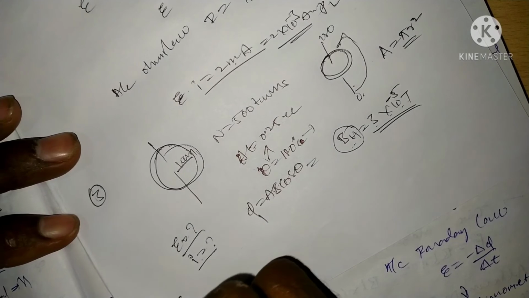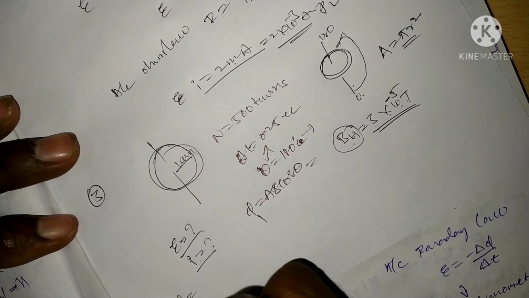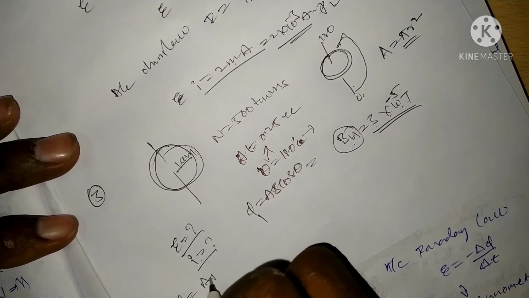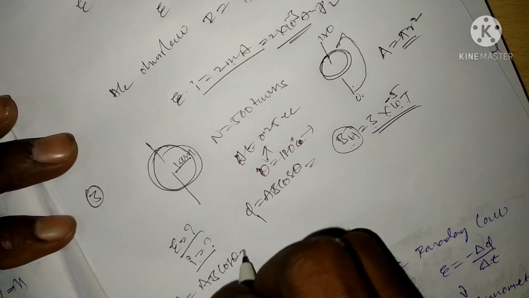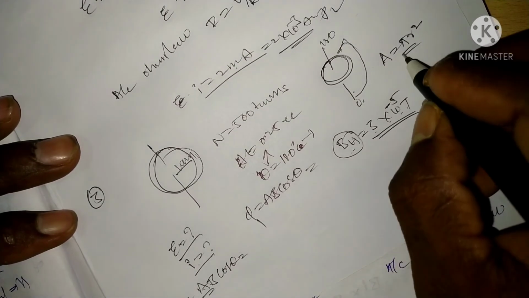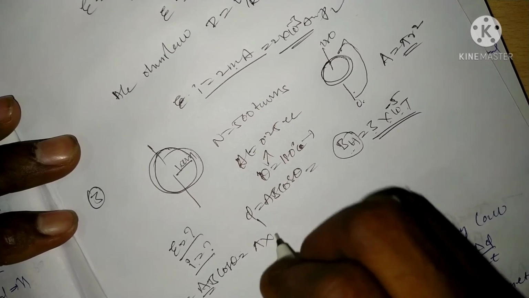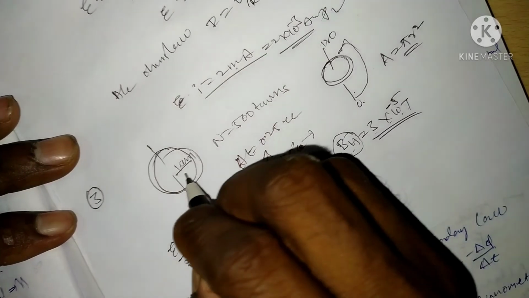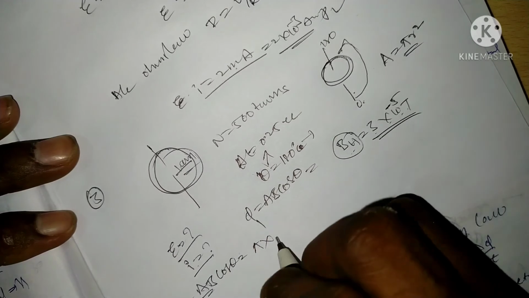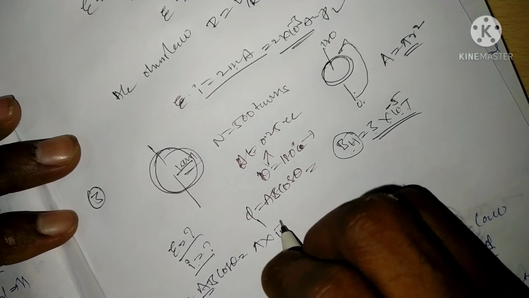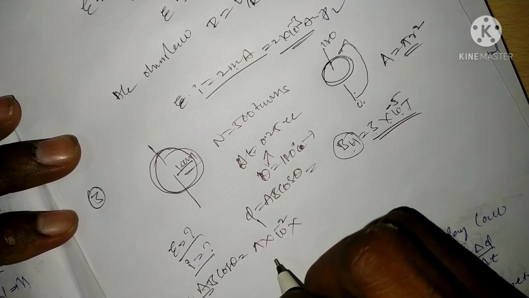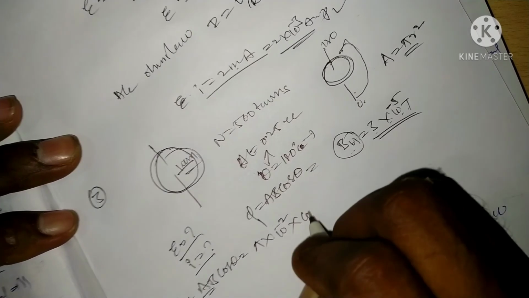According to the formula, Φ1 is equal to AB cos θ. A is equal to πr². R is equal to 10 centimeters, which can be converted into meters: 10^-2, into cos 0.